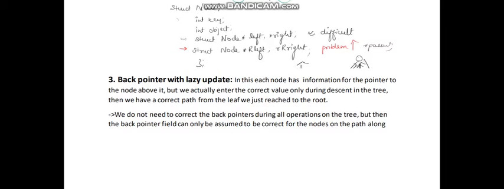We keep additional information in every node, but the one change is that we don't need to change this back pointer when we do operations like insertion, rotations, etc. We change this pointer only during traversing from root to leaf, like when we are searching, etc. So this is the back pointer with lazy update. We lazily, we can say, update the pointers of our particular node. So this is the third approach.